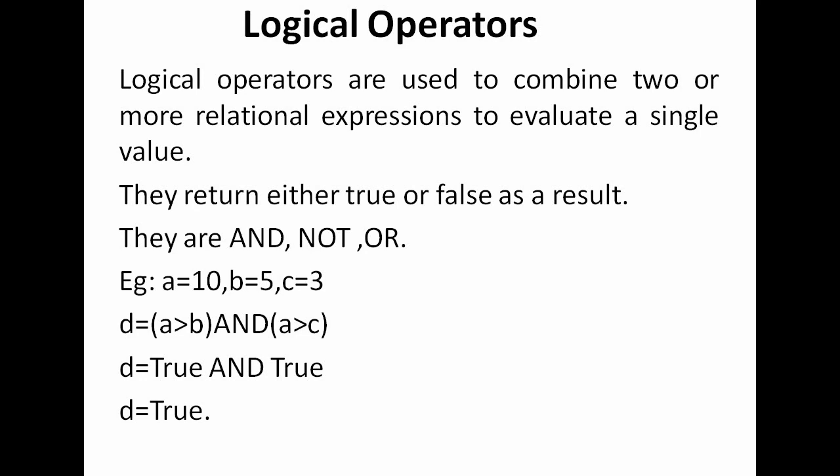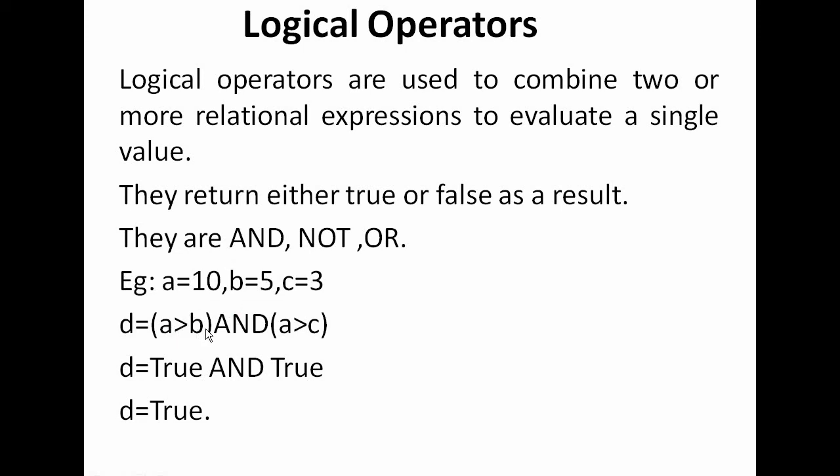For example, here I said A is a variable holding value 10, B is also a variable, a place in a program holding value 5, C is also a variable holding value 3. Now what I am doing in D is comparing two things. Here A greater than B. Yes, A is greater than B. According to the above values, A means 10, B means 5.